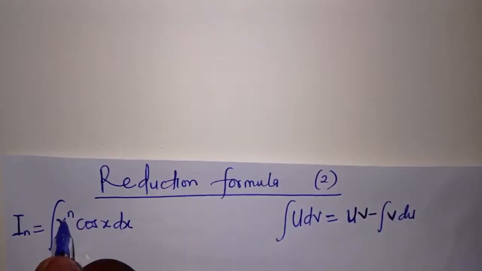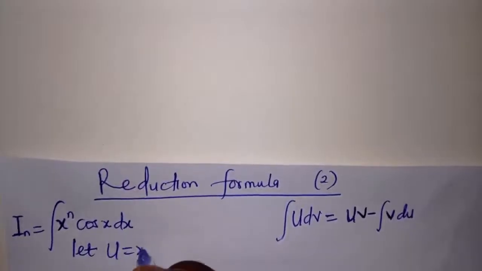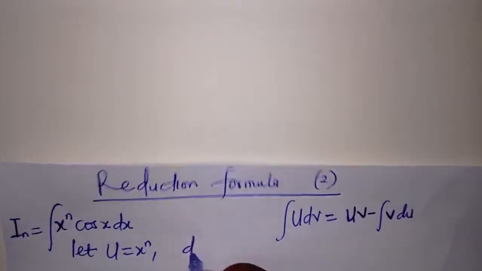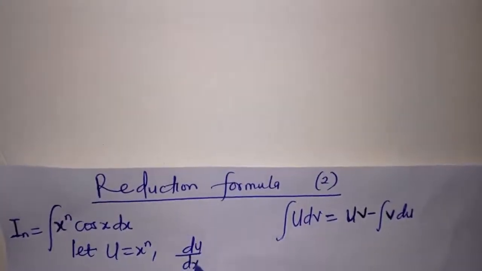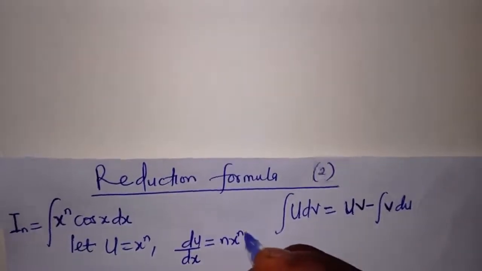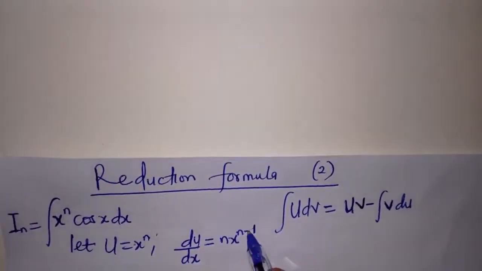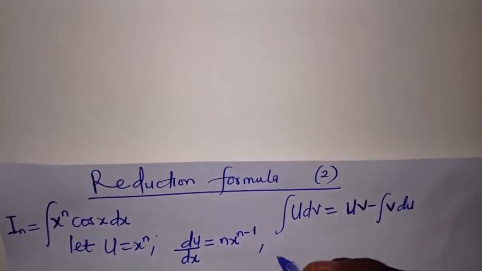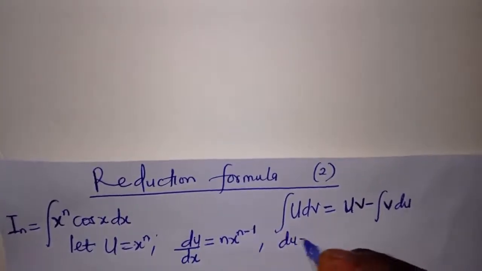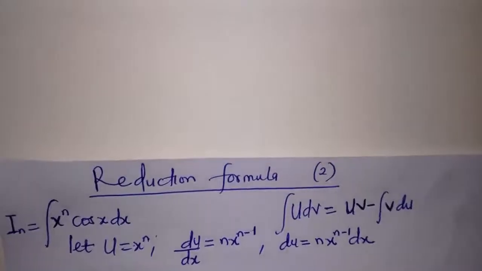We are going to choose x to the power of n as u, so that if we differentiate u with respect to x, we'll get n x to the n minus 1, right? And upon cross multiplying, du will be equal to n x to the n minus 1 dx.